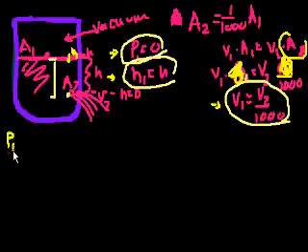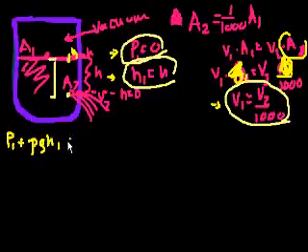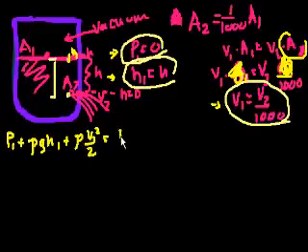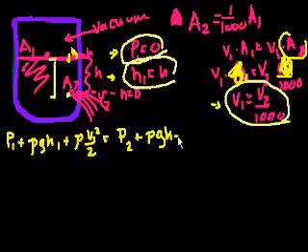It's P1 plus rho G H1 plus rho V1 squared over 2 is equal to pressure 2 plus rho G H2 plus rho V2 squared over 2. We figured out all of these terms. So now let's figure out the things that we have to input here.